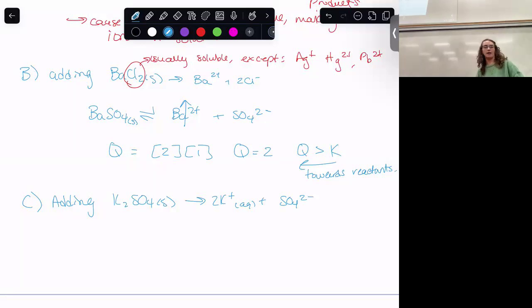So what's going to happen when we add potassium sulfate to solution? Right, it's gonna do the same thing that happened in B, but now we're just increasing a different ion. So now we're increasing the sulfate.